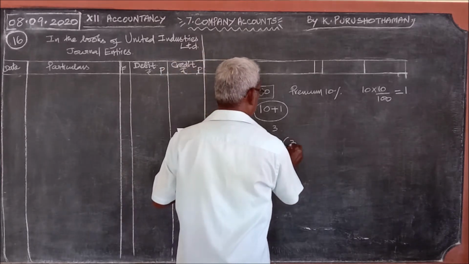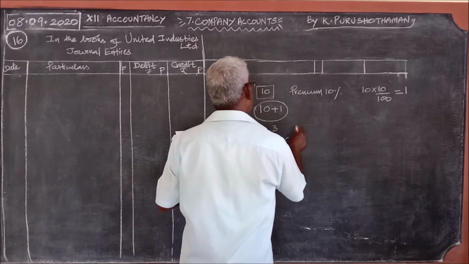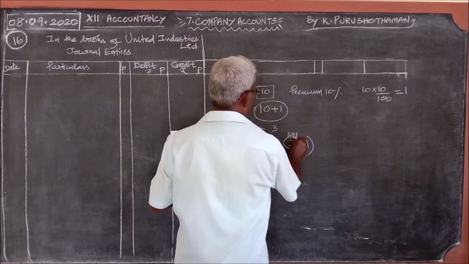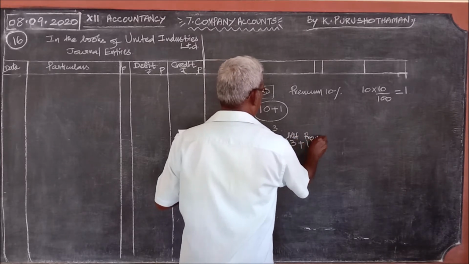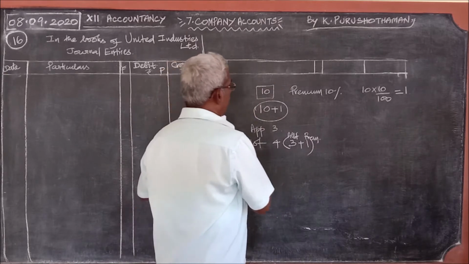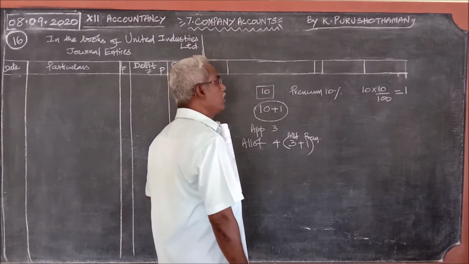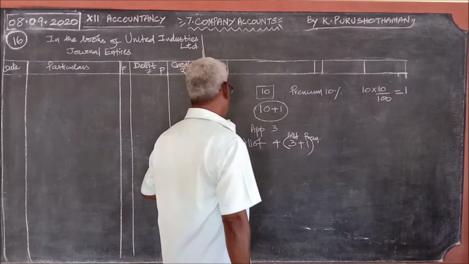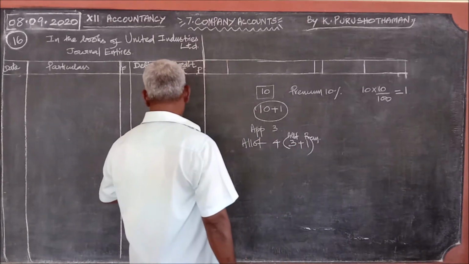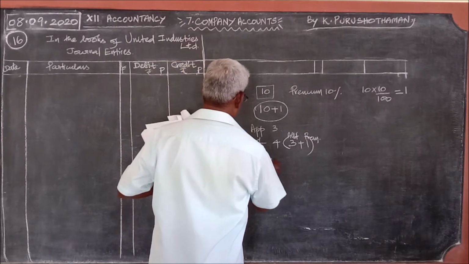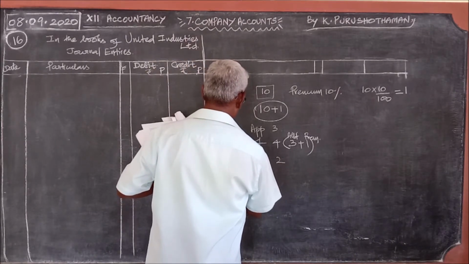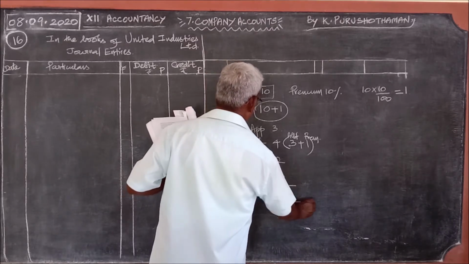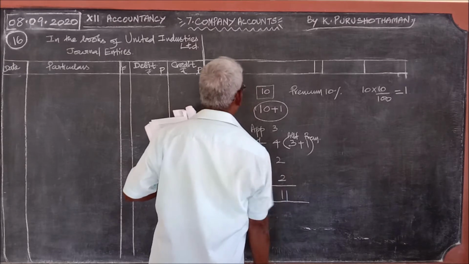Therefore, for allotment 3 rupees and premium 1 rupee. If the premium is rupees 2, then 2 rupees allotment, 2 rupees premium. You should bear in mind this point. Then first call rupees 2, second and final call rupees 2. If you add this, 11 rupees will come.